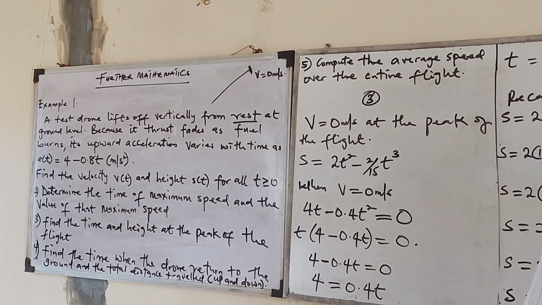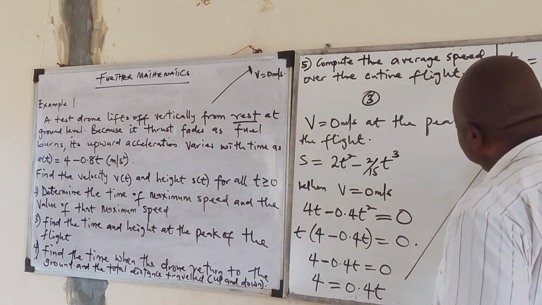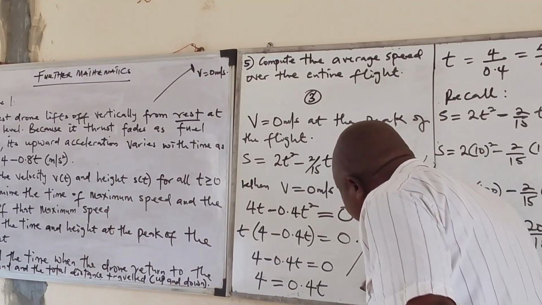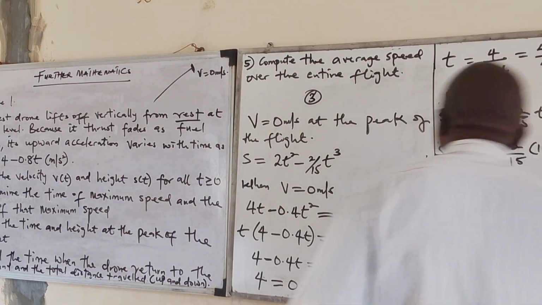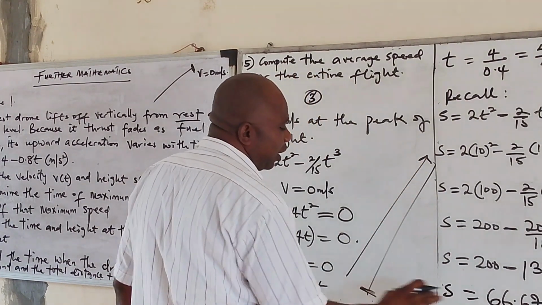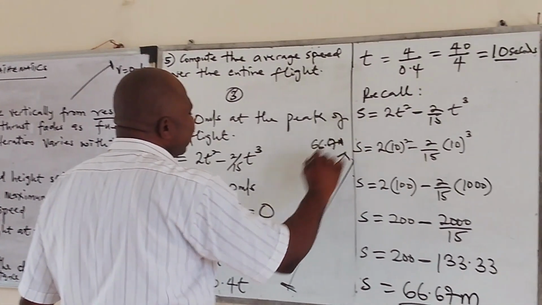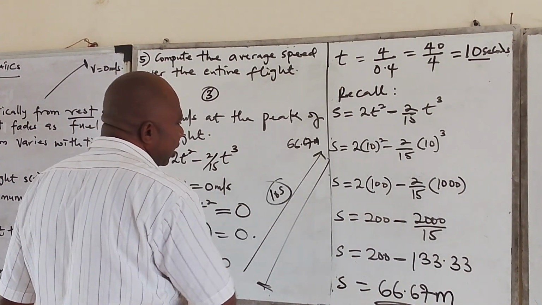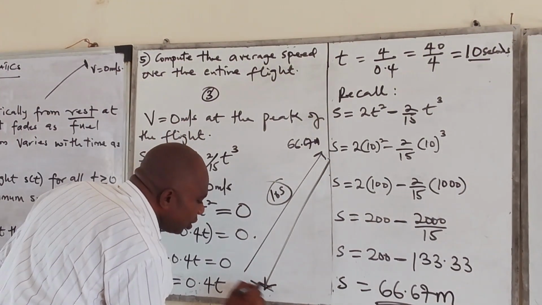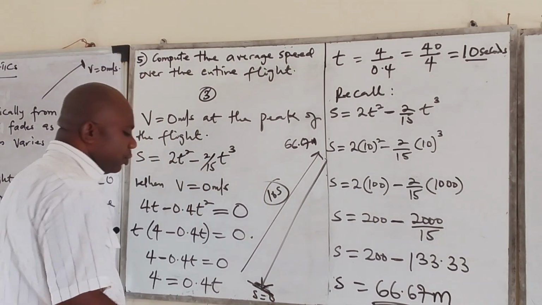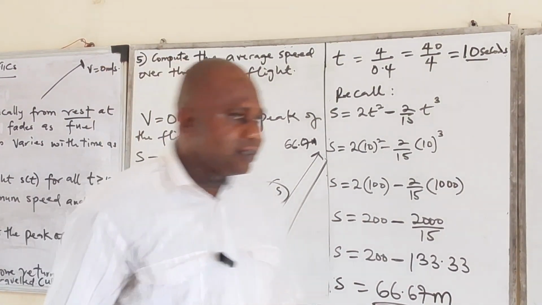So when the drone returns to the ground, having taken off and now coming down, it means our s will be equal to 0. Remember, at the maximum we had 66.67 meters at time 10 seconds. Now returning to the ground, there is no height, so it will be equal to 0.